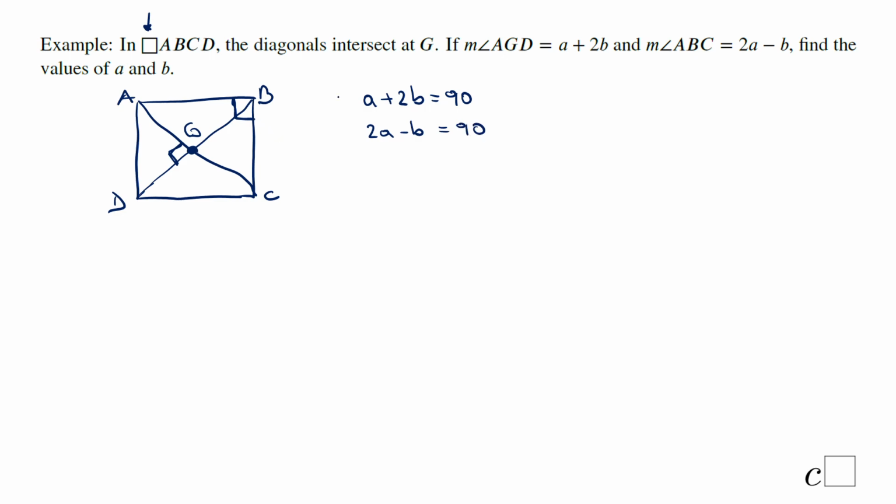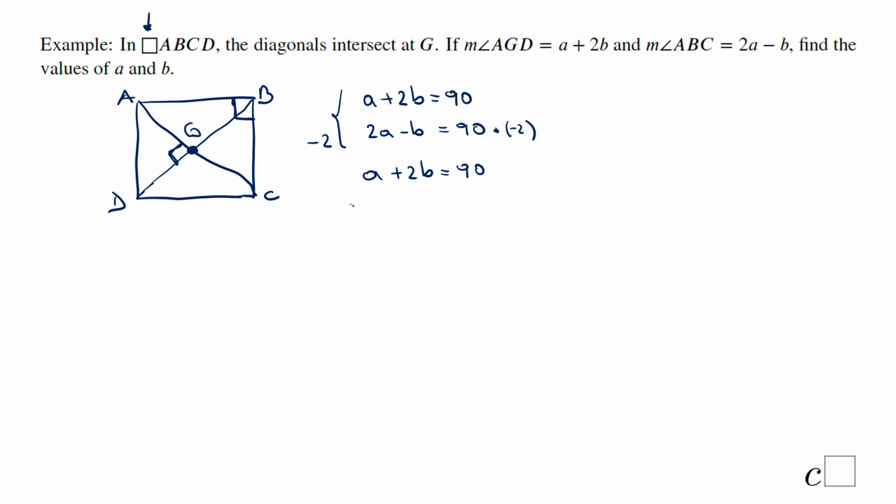For this system of equations, I will also multiply the second equation by negative 2. But again, it's not the only way. You can do it in a different way. So we have A plus 2B equals 90.